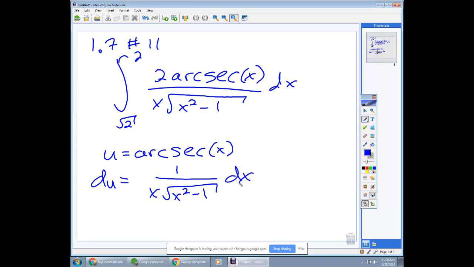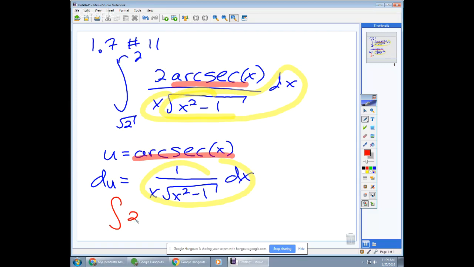So up here, we have our whole du right there, and then u is just that right there. So when we substitute, we get the integral. I'm going to ignore the boundaries for a minute.